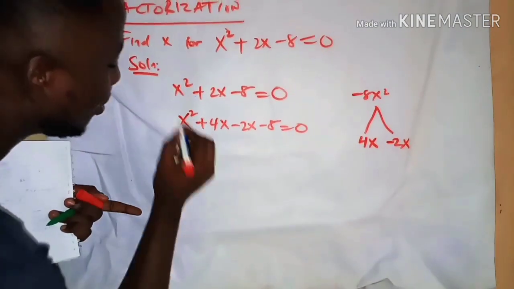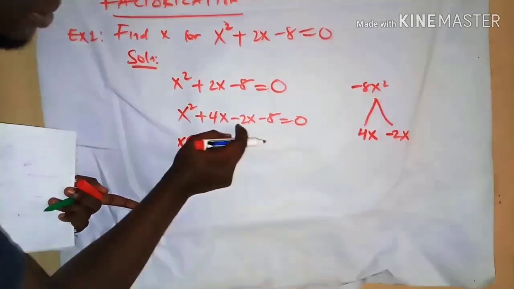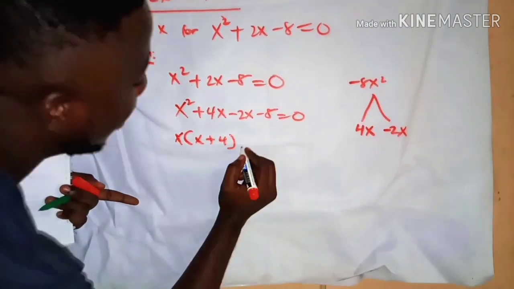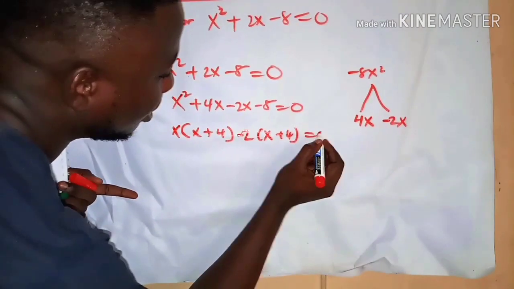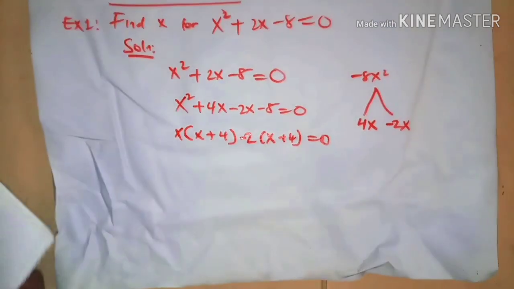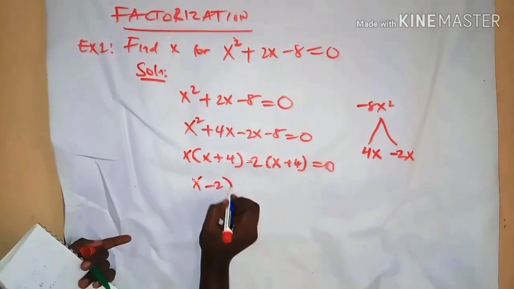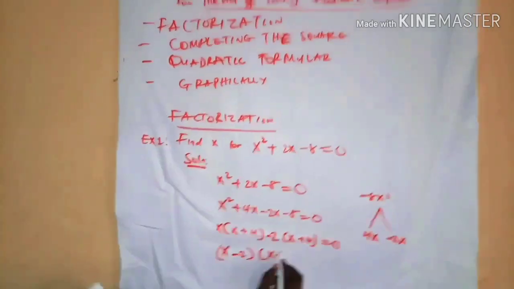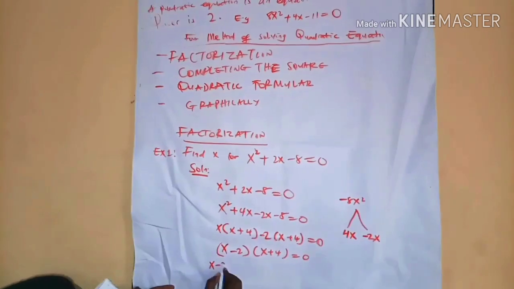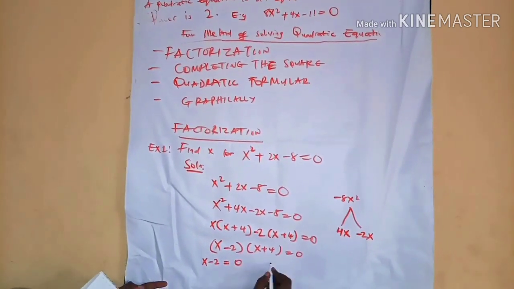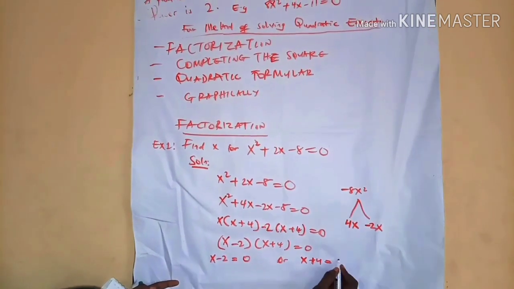Then we can factorize easily. We have x into x plus 4, and what is common between minus 2x and minus 8 is minus 2, which is x plus 4 equals 0. So we have x minus 2 and x plus 4 equals 0. So from here, either x minus 2 equals 0 or x plus 4 equals 0.